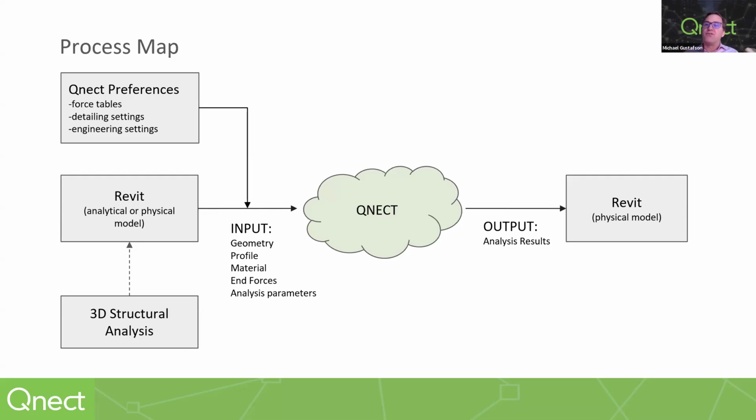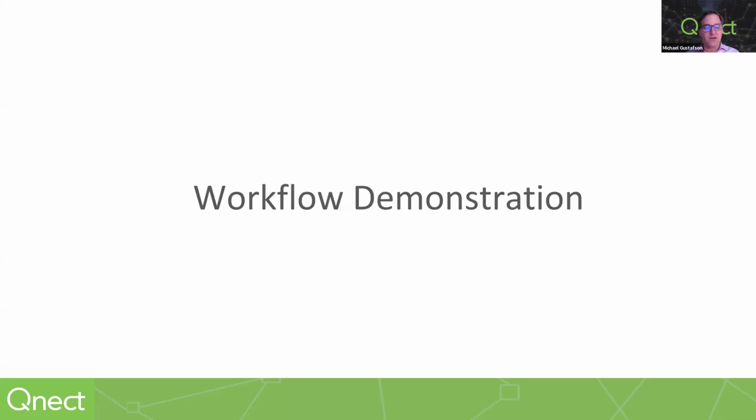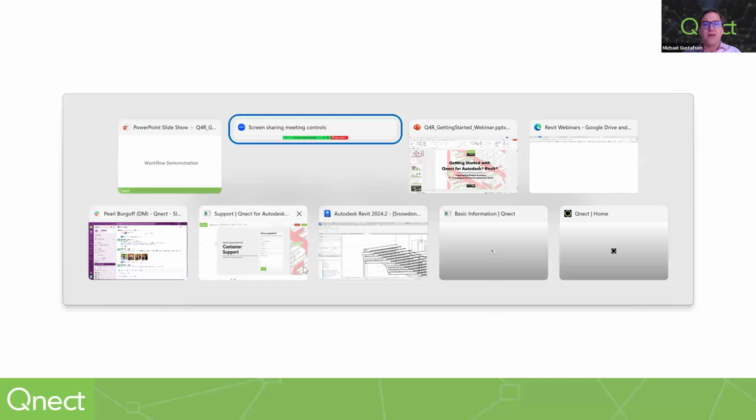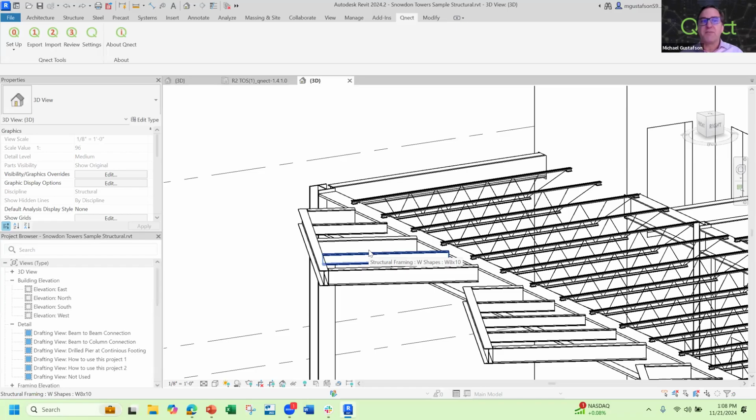So we have both options, a lot of flexibility for engineers to read forces. The reason we like to use the forces is that it can help you resolve a lot of issues and avoid overly complex connection designs that end up being an RFI later that comes back to the EOR. So I'm going to show you a quick look at how this works inside of Revit, so you can get your headspace around this.